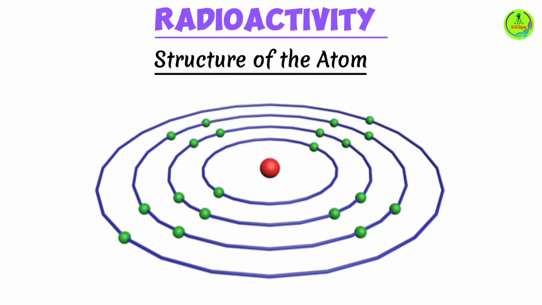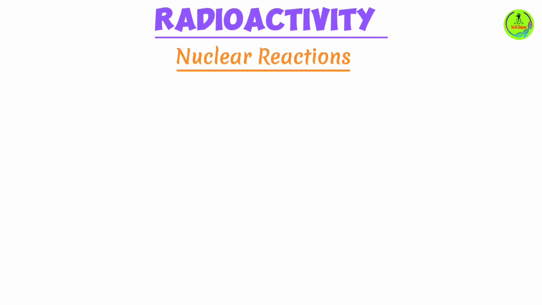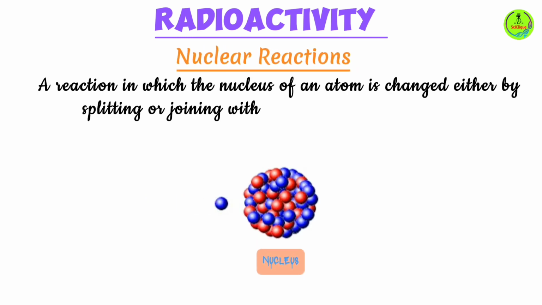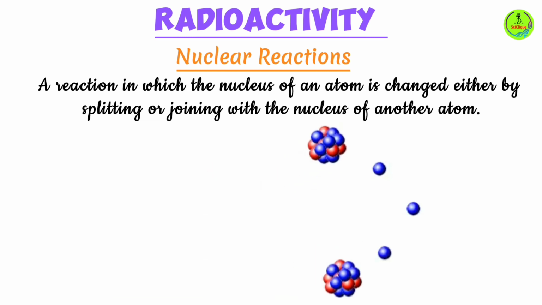But when these reactions take place, the protons and the neutrons are not affected at all. The numbers of neutrons and protons do not change. However, there is a different type of reaction called nuclear reaction that involves changes in the number of protons and neutrons. These are what you're going to discuss in this chapter.